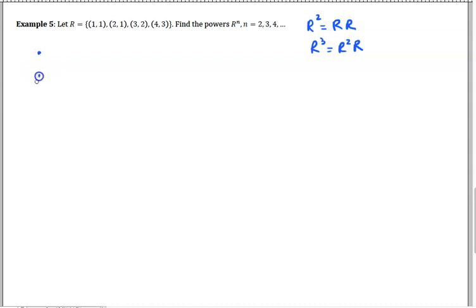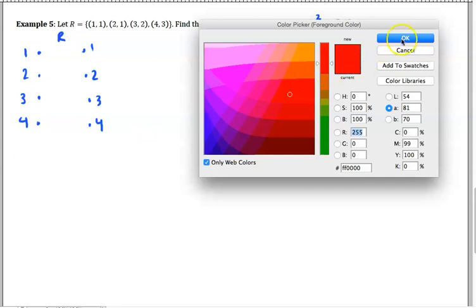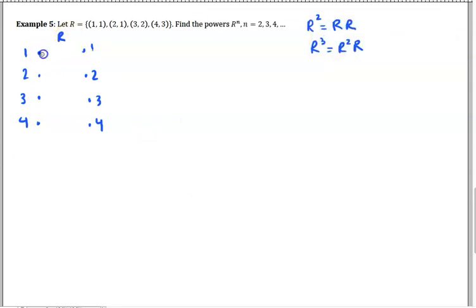Okay, so let's look at what the result would be. So let's have our input numbers here, 1, 2, 3, 4, and our outputs 1, 2, 3, 4. All right, and the relation R is going to have the arrows going from 1 to 1, 2 to 1, 3 to 2, 4 to 3.